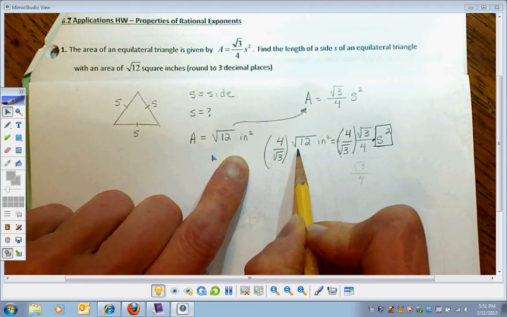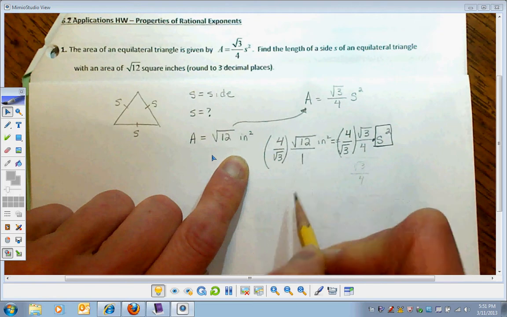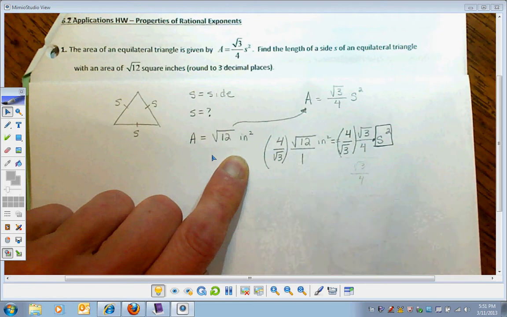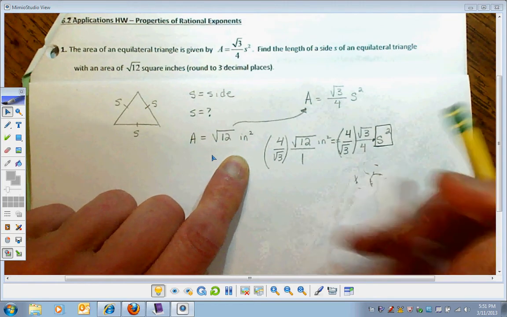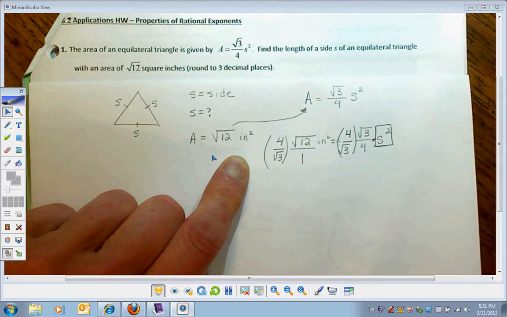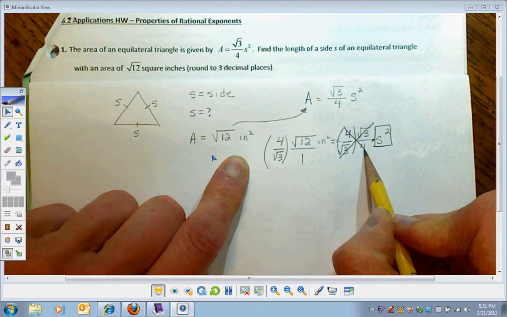Now remember, the square root of 12 is in the numerator, so I'm going to put a 1 there just to remind myself of that. I'm going to erase this here also. Okay, so this all divides out to 1.